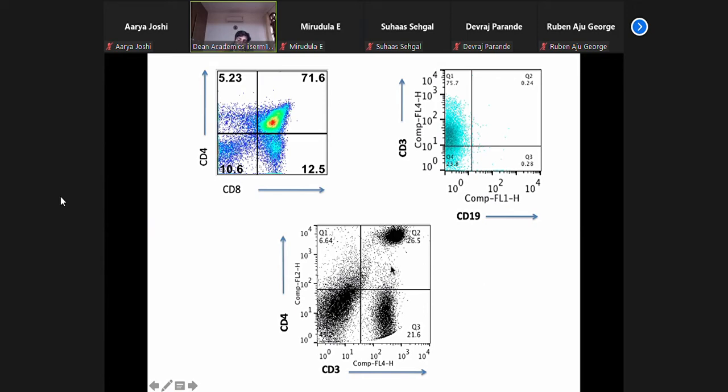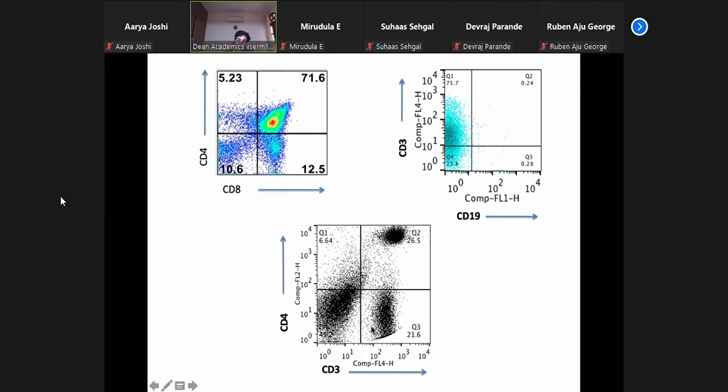you already know that CD4 cells came from a subset of CD3 positive cells, right? Yes or no? CD3 is a pan T cell marker, and CD4 is present only on a subset of these cells. Now tell me, what are these cells then in this Q3 quadrant? So you have Q1, Q2, Q3, Q4.